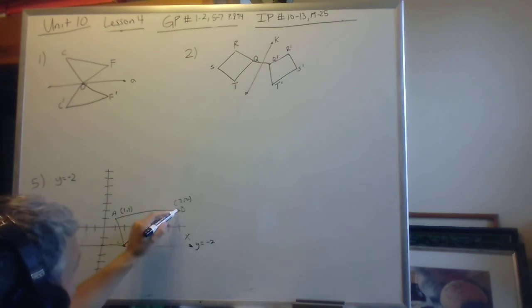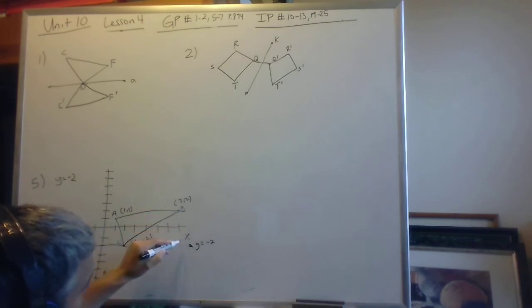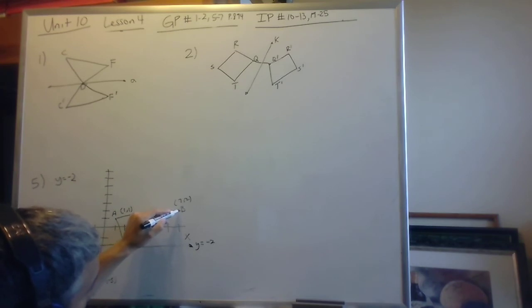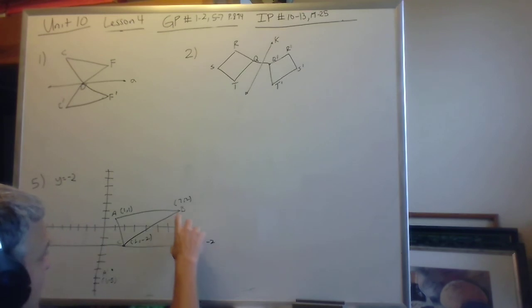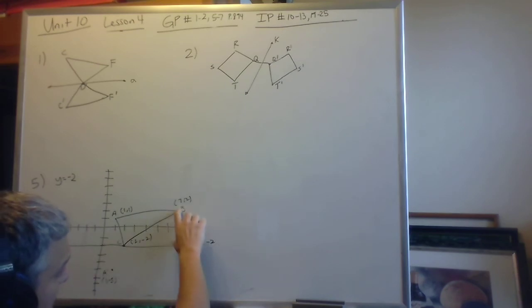And then B is at 7, 2. So again, we're going to count how far our y value is for point B from y equals -2. Well, that's at 2, so we're going to have 1, 2, 3, 4. Sorry, it's 4 spaces. To go from 2 to -2, it's going to be 4 spaces.